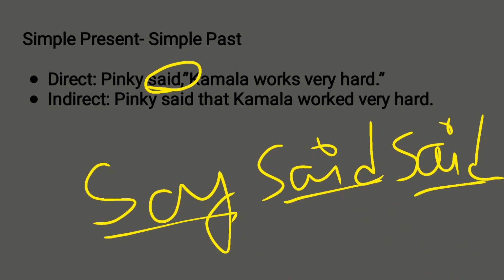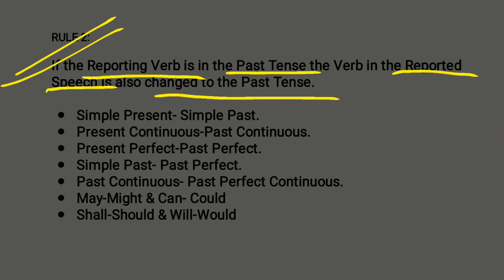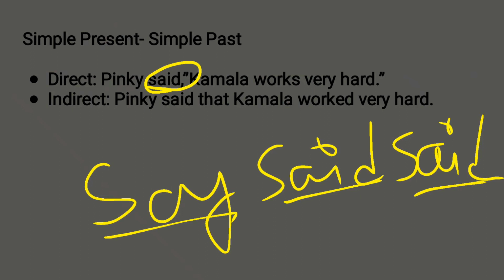Say, said, said. That means whenever the reporting verb is in past tense, the verb in the reported speech is also changed to the past tense. What you need to remember is, whenever the reporting verb is past tense, that means said, said is past tense, then the reported speech, Kamla works very hard, this is in present tense or not?